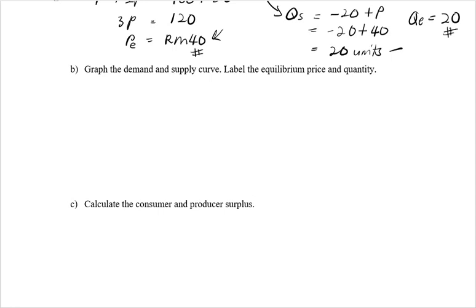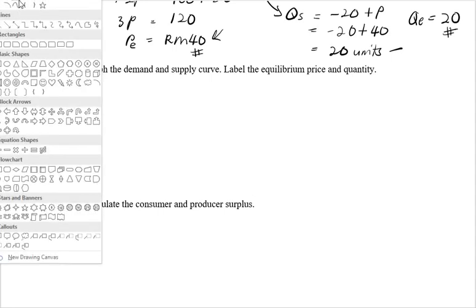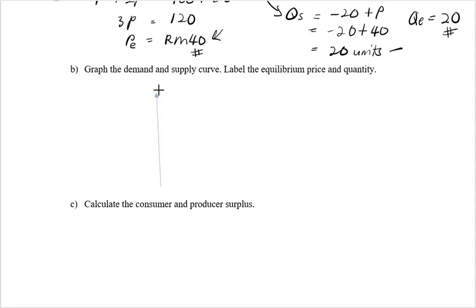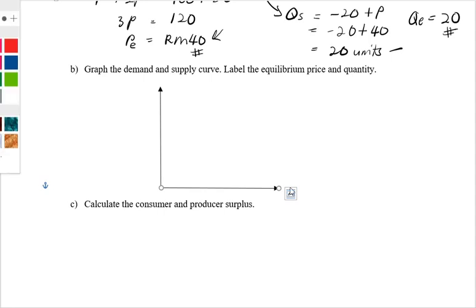When you sketch, you do the X and Y axis as usual, and then you label your graph: this one is quantity, this one is price. Then you draw the demand curve and supply curve.